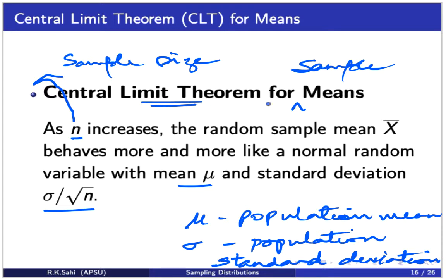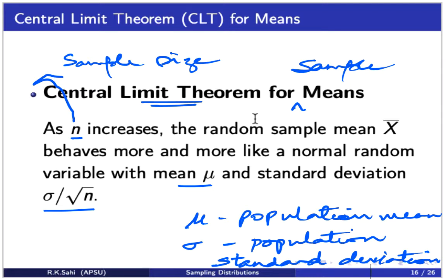So the central limit theorem is very, very important. What it simply says is as we increase the sample size for our sample data sets, the sample mean, which is a random variable, behaves more like a normal random variable. And we all know that a normal random variable is reported in terms of its mean and standard deviation.